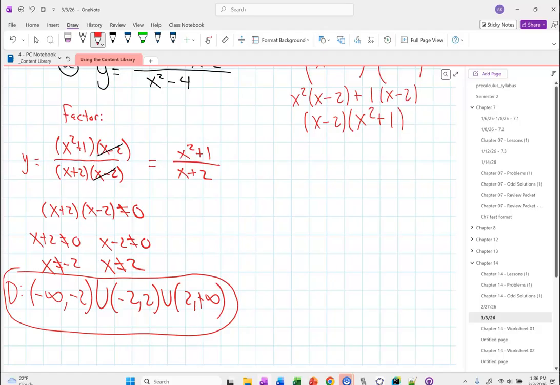Do I get one? Yes, right? Because what happened? The x minus 2 was completely reduced from the denominator. So I'm going to take that completely reduced piece, set it equal to 0 and solve.